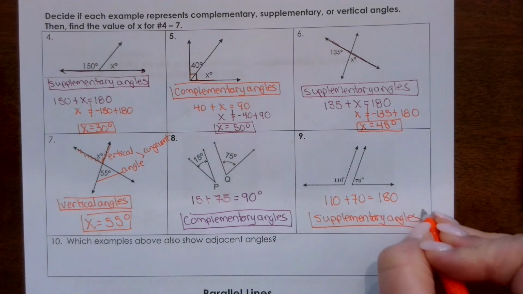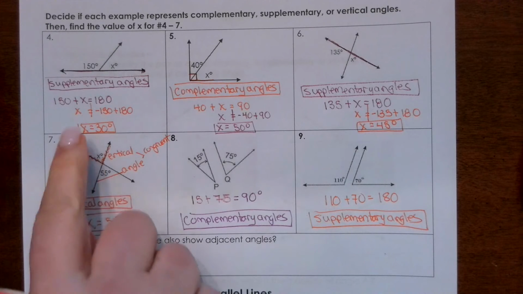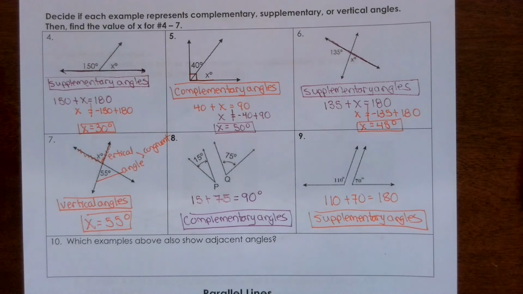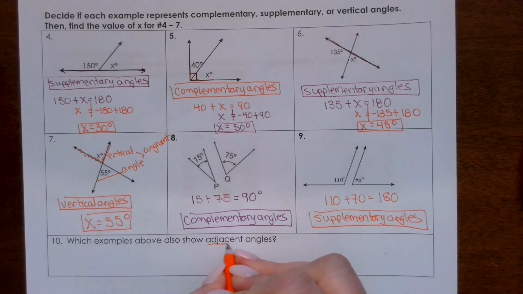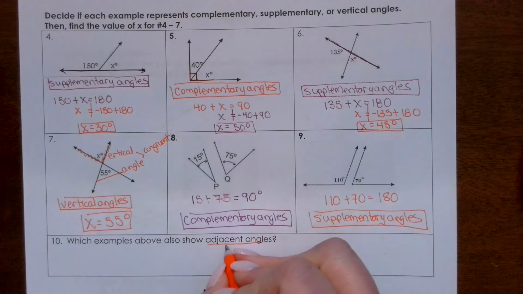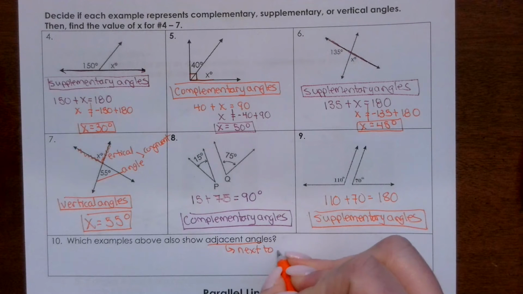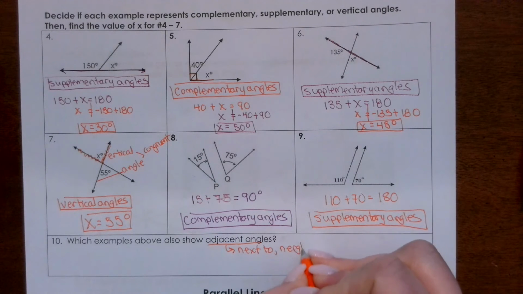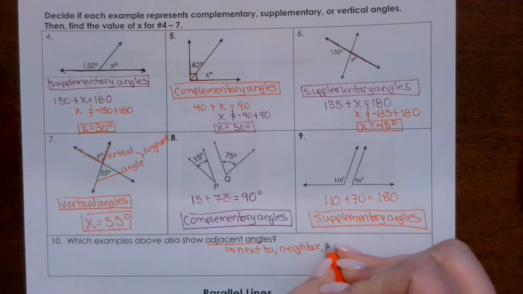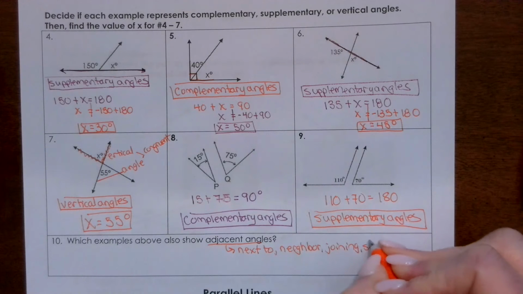So we have just identified what types of angle relationships we see, and we have determined, using our understanding of those relationships, missing values. Now, question number 10 asks, which angles above show adjacent angles? Now remember, adjacent means next to, neighbors, joining angles, same side, or a common side.